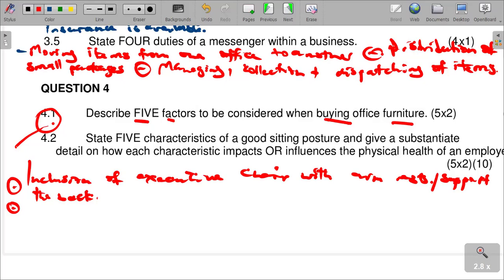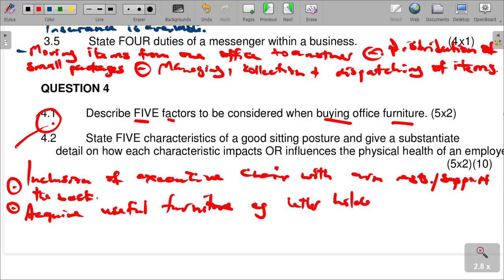So in other words, useful furniture must be acquired, for example letter holders, baskets, and stationery shelves.